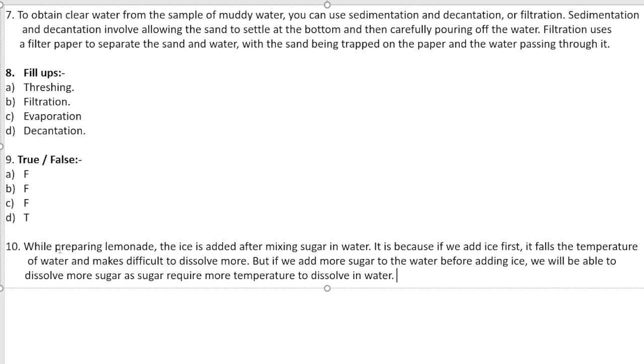So while preparing lemonade, the ice is added after mixing the sugar and water.